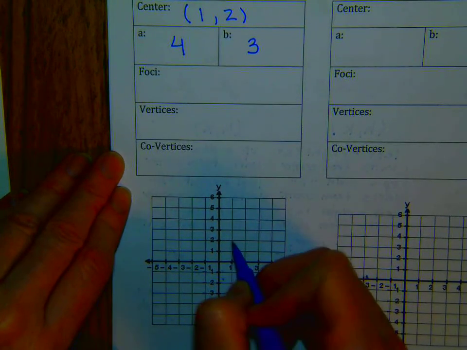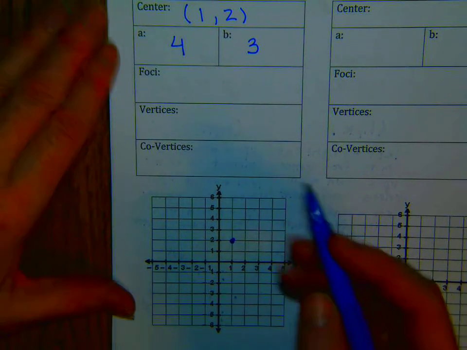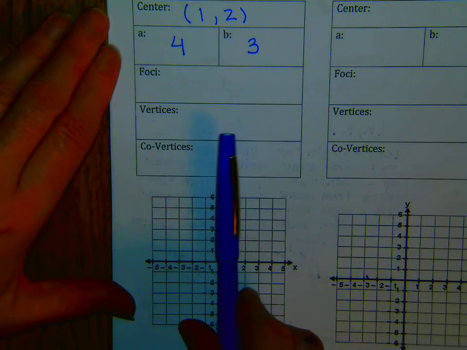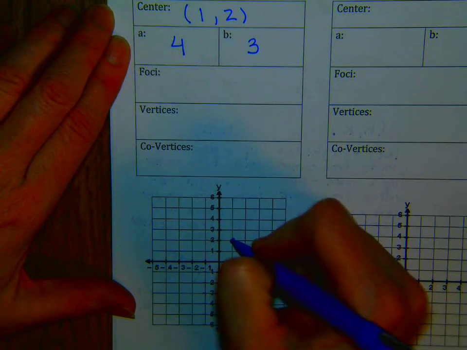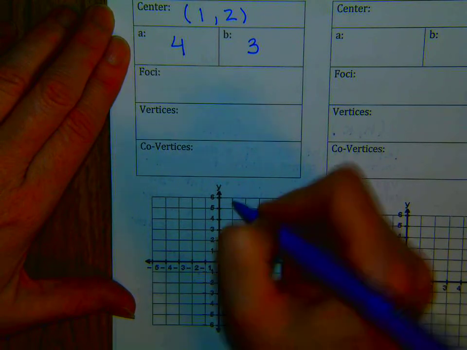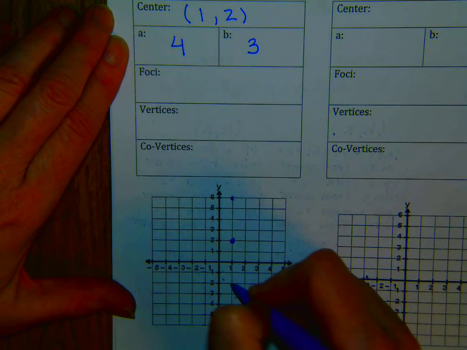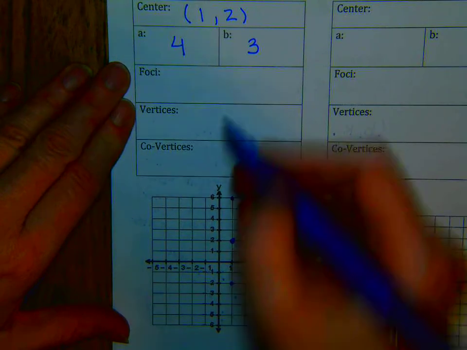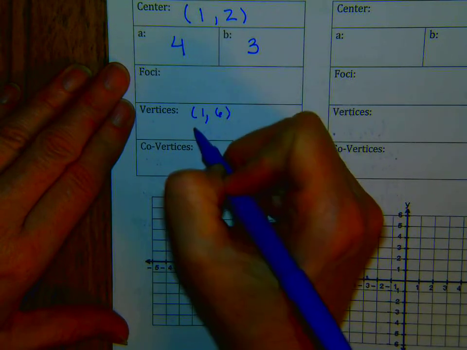And I know that this is going to be a vertical ellipse because the long axis is along the y, because the a is under the y. So let's go 4 up from the center, 1, 2, 3, 4, and down 4, 1, 2, 3, 4. So let's write in the vertices. (1, 6) is one of my vertices, and (1, negative 2) is my other vertex.